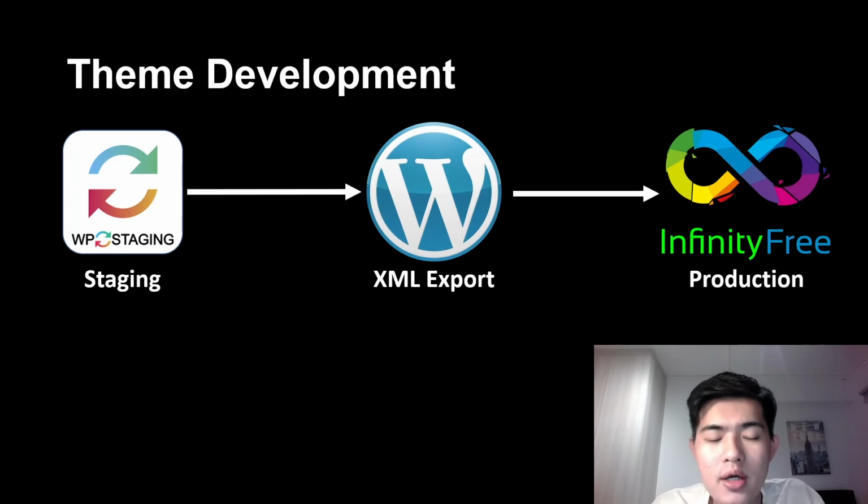To work around this, we will export our WordPress content into an XML file using the built-in export feature and import it into our production site. For an example of how a change in the website content is made, we will show you a live demonstration of it right now.